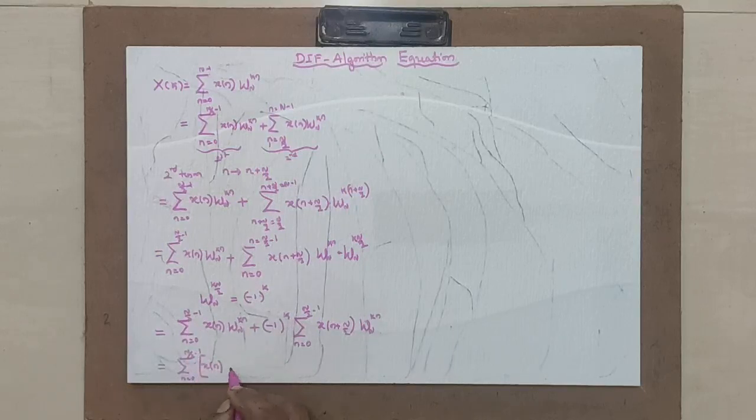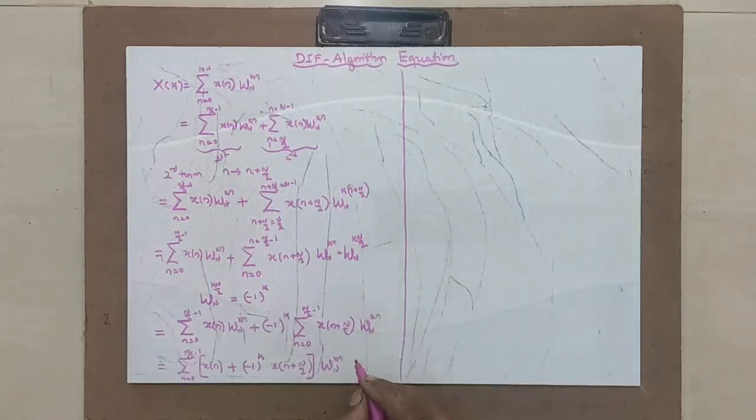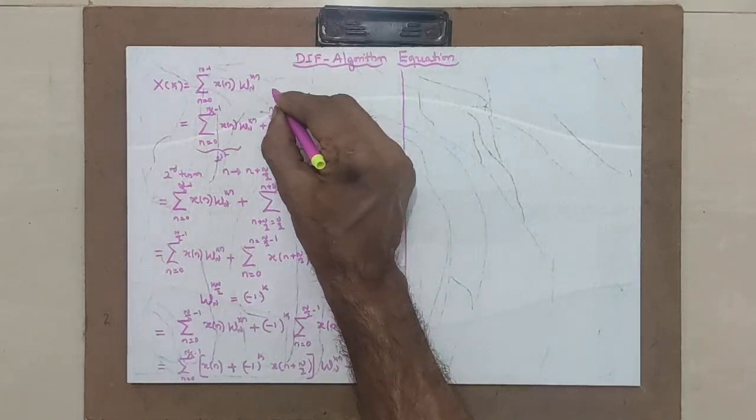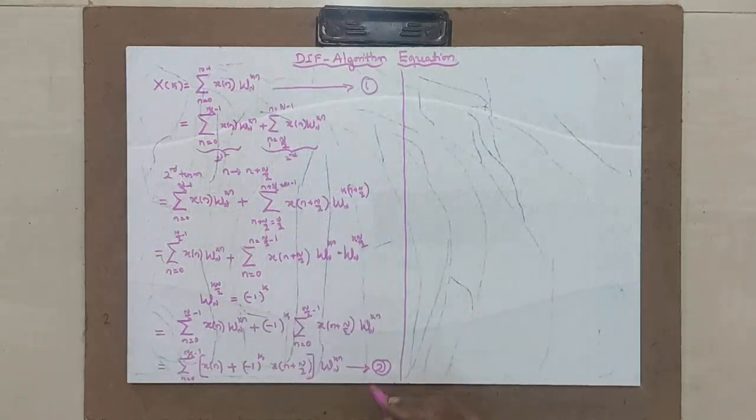So we get x of n plus minus 1 raised to k x of n plus N by 2, all outside W_N raised to kn. This is the equation we have come out with. You can take it as equation 2.